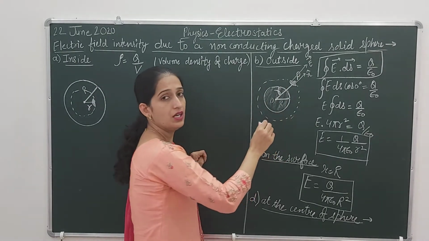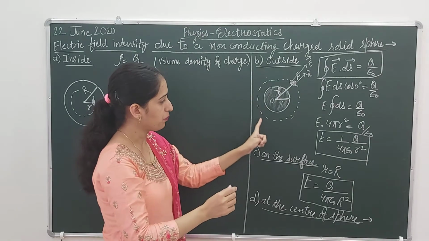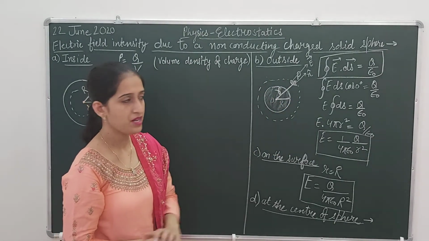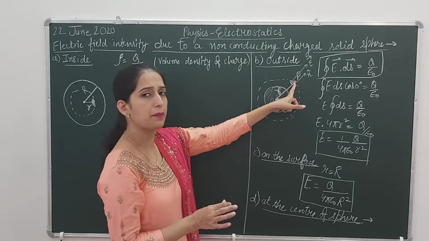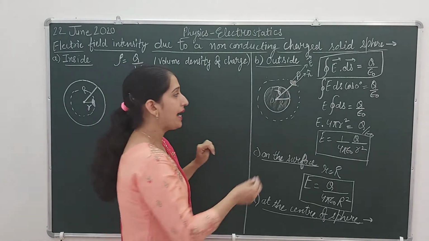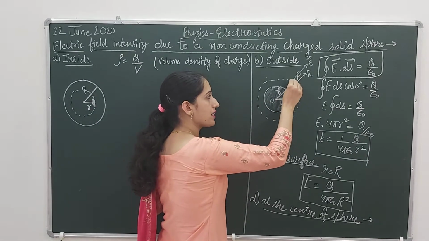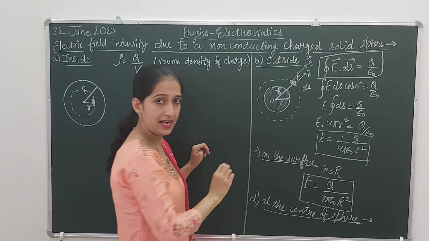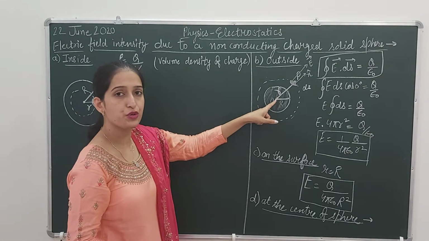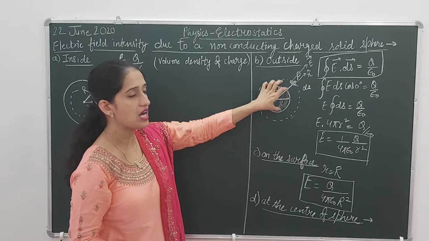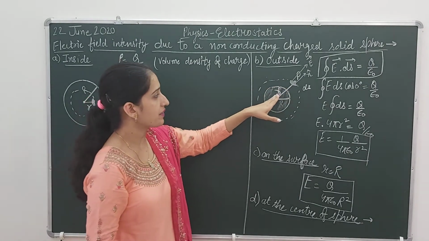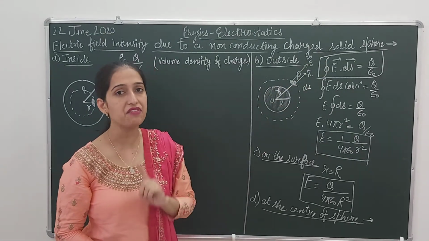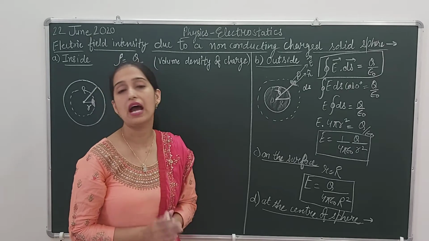At P we imagine a spherical surface. Of course, the electric field intensity at every point on this surface will be the same. So we have chosen an arbitrary point P. At this point P we have chosen a small element whose area is ds, and the electric field intensity due to this positively charged solid sphere will be in this direction. And second thing, the area vector. So many times we have discussed this.